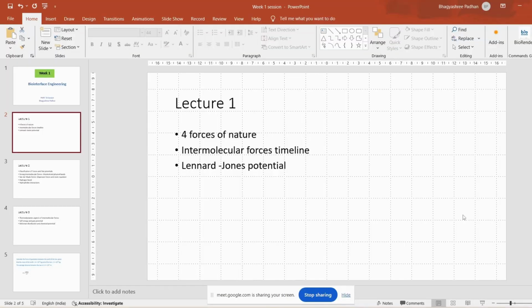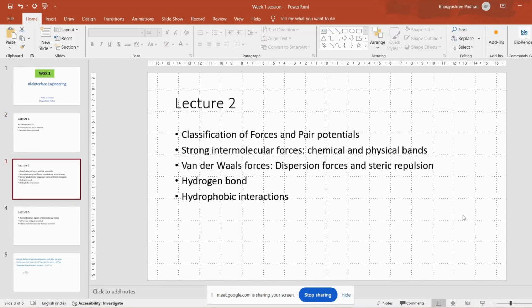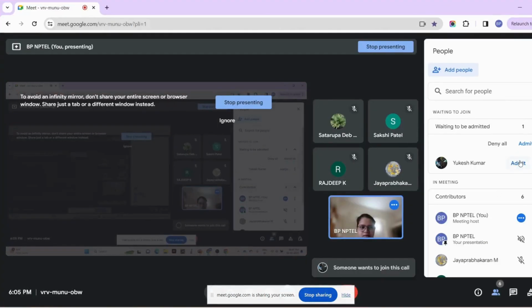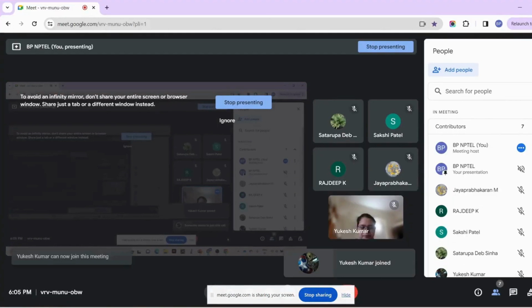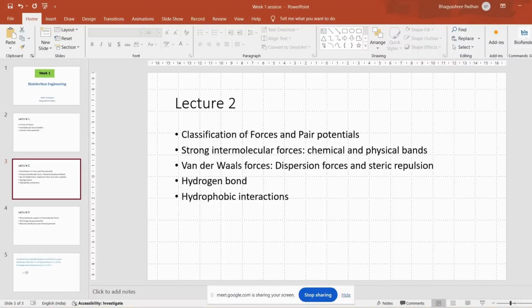For week one, there were three lectures. The first lecture was Four Forces of Nature, Intermolecular Forces Timeline, and the Lennard-Jones Potential.